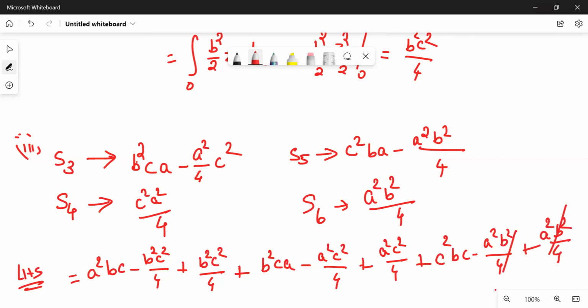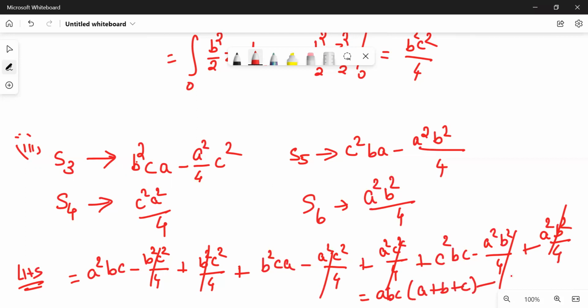The plus and minus signs of similar values will get cancelled. So we end up with a square bc plus b square ca plus c square ba. From this we can take abc common. So it is simply abc times a plus b plus c.